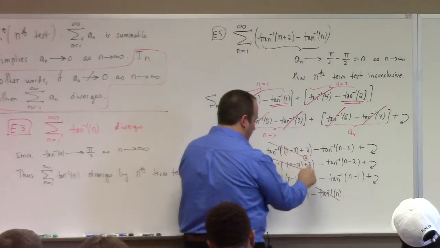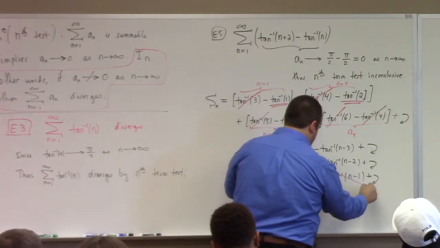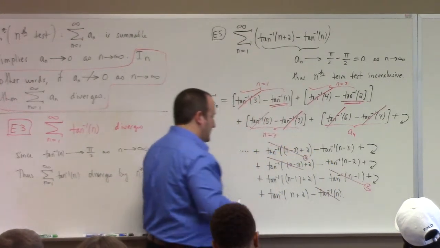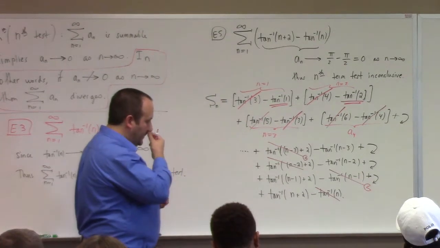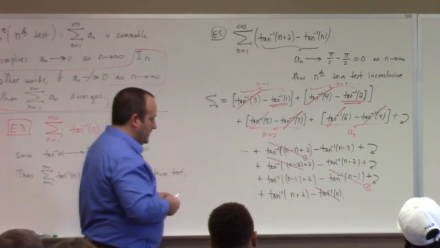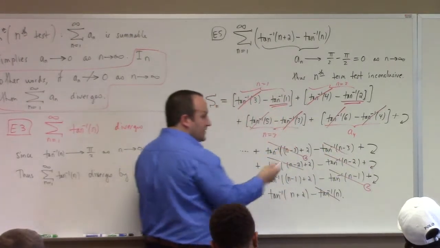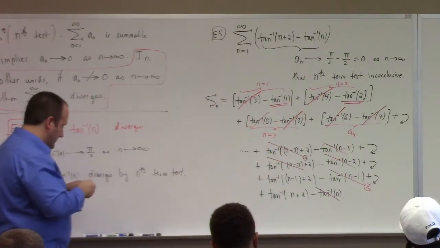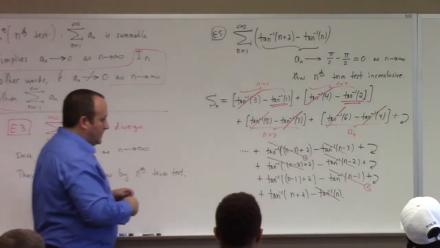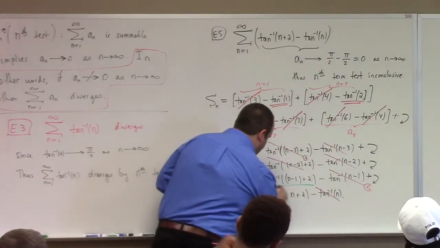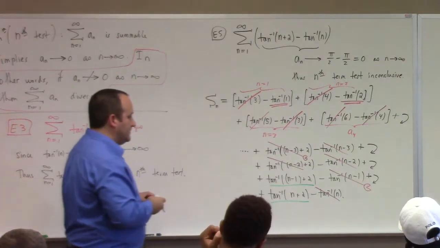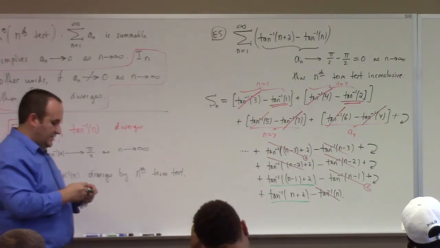I'll put a Pac-Man on it, so you can tell which one was which. What else here? And I guess you can see that these are going to be canceled by things in the middle, right? So what's left over? These two things, right? So let me collect the thought.